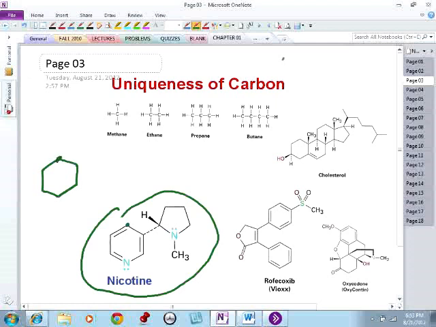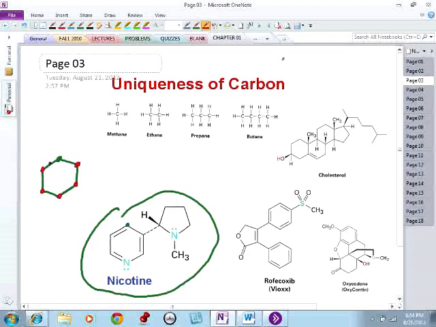This intersection right here, what is there? That's a carbon atom. This intersection, a carbon atom. Here, another carbon atom, another carbon atom, another carbon atom. So it's 2 carbon atoms connected? Yes. This carbon is connected to this carbon, and this carbon is connected to this carbon.